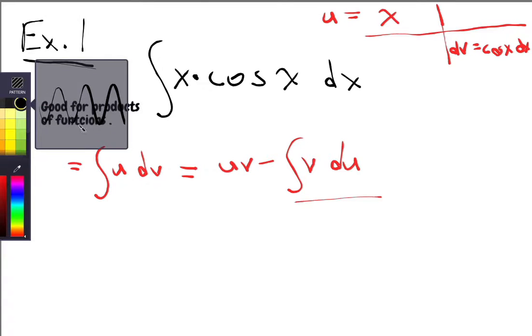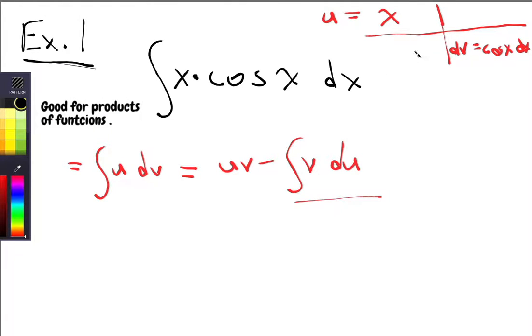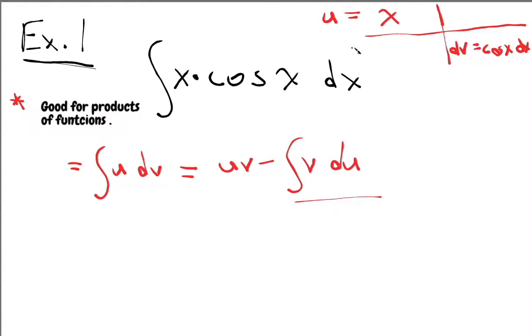All right, so let's see what happens. Before we start plugging these substitutions in, we're also going to need to know the differential of u. So we're going to need du, which is going to be 1 dx. You can see that because du/dx would just be 1, and then you bring the dx to the other side.